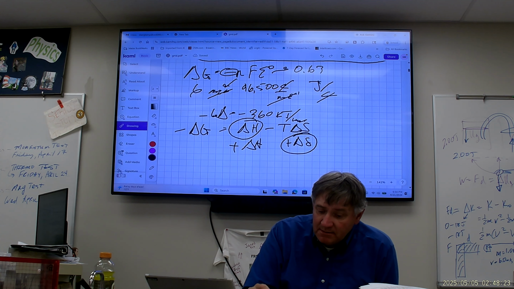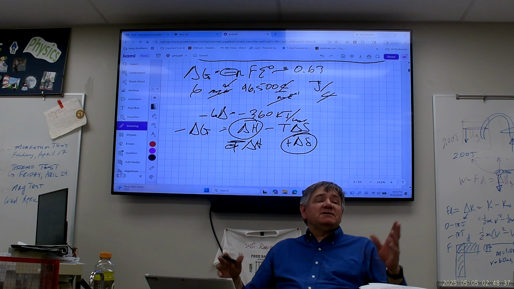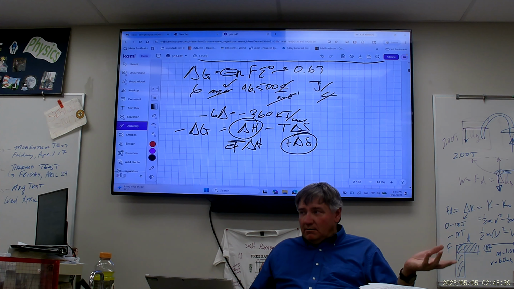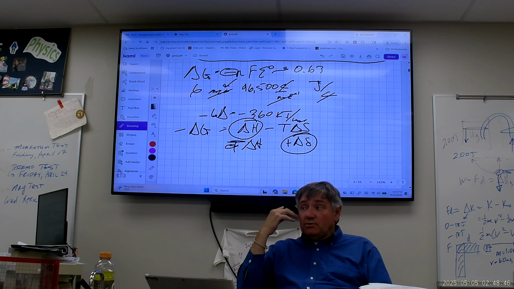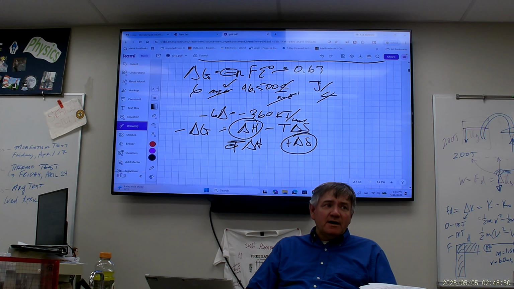What would be the sign of delta H? Negative. So you'd have a negative delta H and a positive delta S, which means the reaction is always spontaneous. So if they said, here's this reaction, you do it, the temperature goes up, is the reaction always spontaneous?